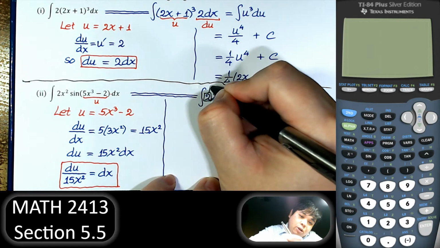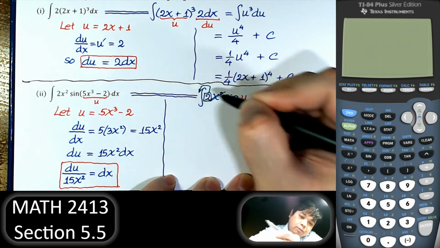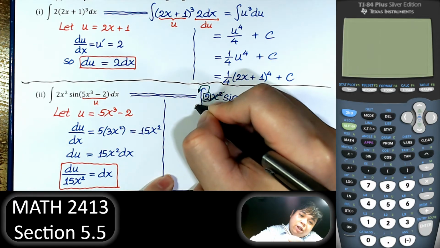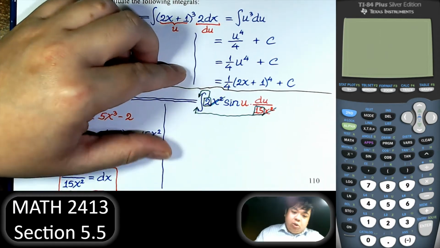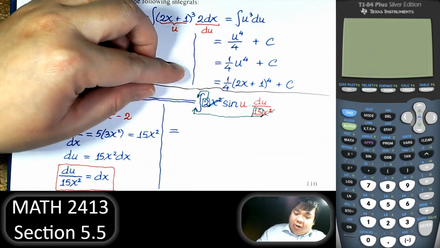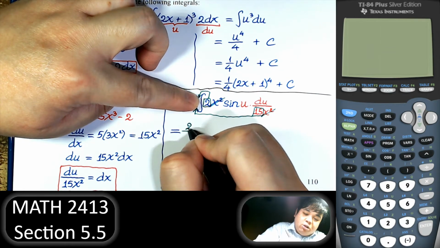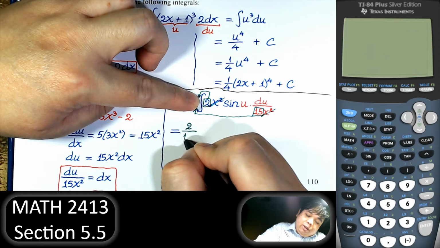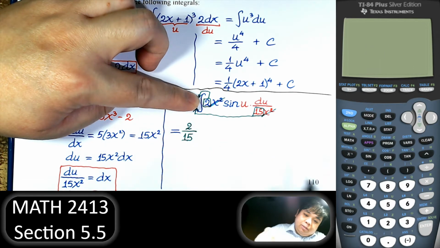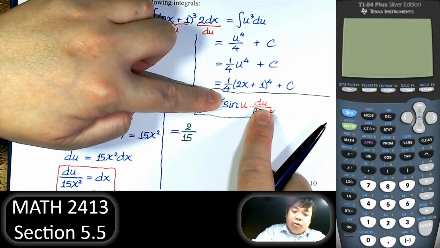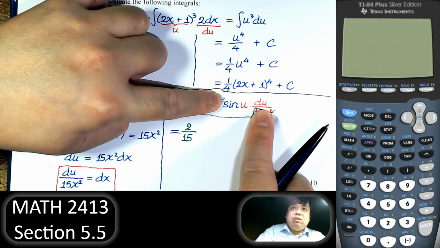The 2 on the top, the 15 constant at the bottom. When we write all of that, we are left with sine of u du.